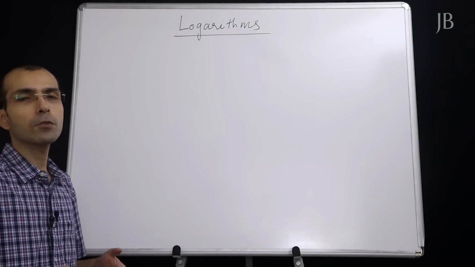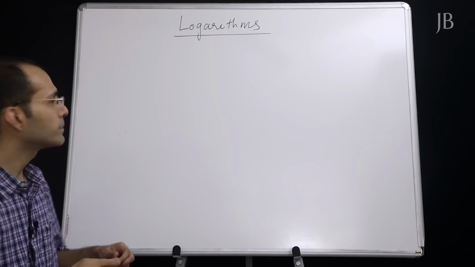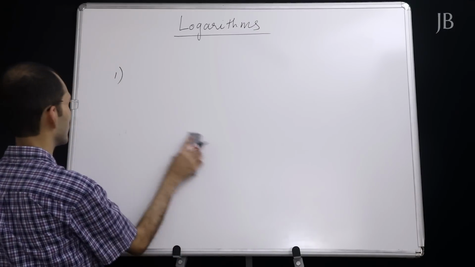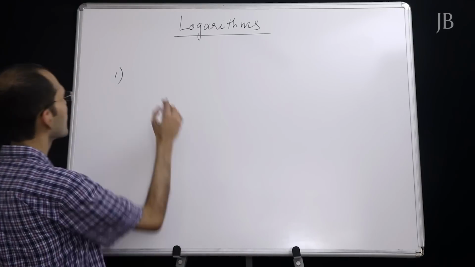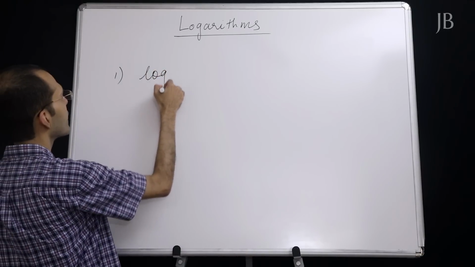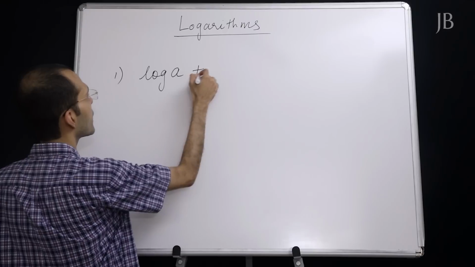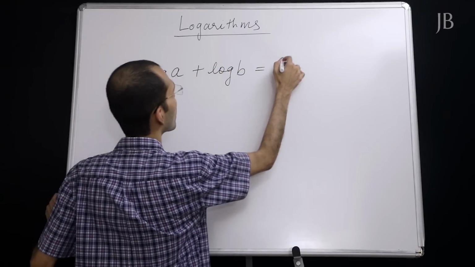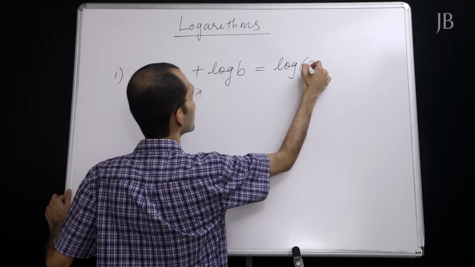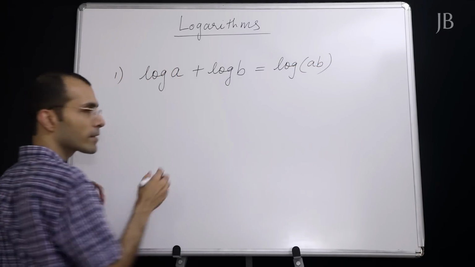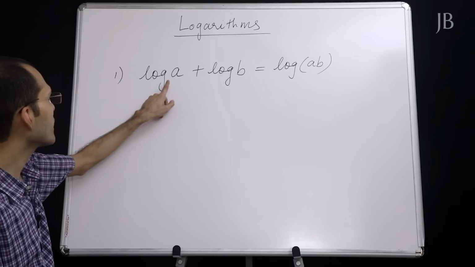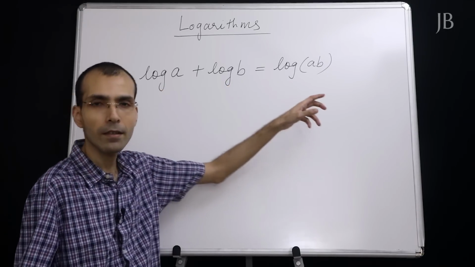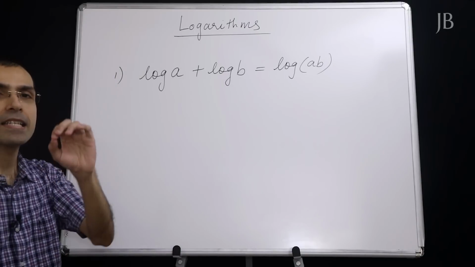Let us now come to the laws of logs. First, log A plus log B is equal to log of AB. Use power of observation here, you will understand better. Now here I have not written the base. So it is to be taken as 10.